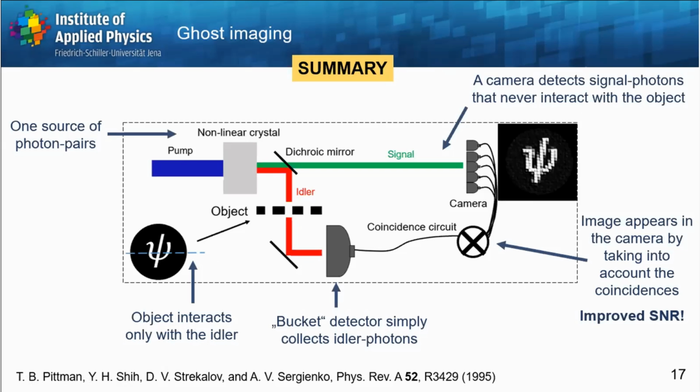Notice that this coincidence circuit allows us to improve the signal-to-noise ratio, the SNR. Just imagine some photon coming from somewhere else, not from this setup, and hitting the camera. If there is no paired photon for this noise that comes from nowhere, the coincidence circuit is going to rule it out. In this way, we can improve the SNR.